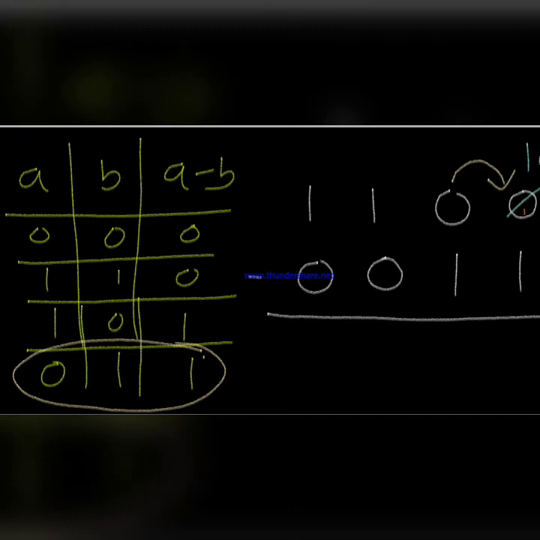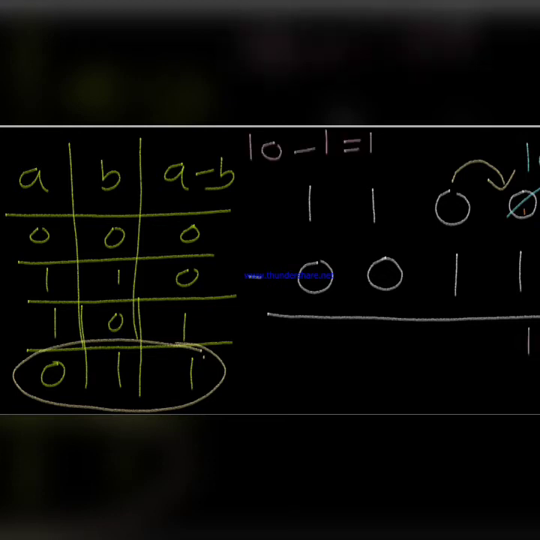10 minus 1 will be 1. Second, after borrowing, here the number becomes 1. As we have only two numbers, 0 and 1, as we borrow from here, it becomes 1. 1 minus 1 is 0.